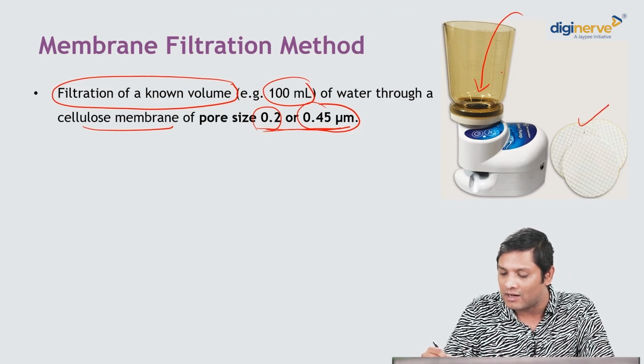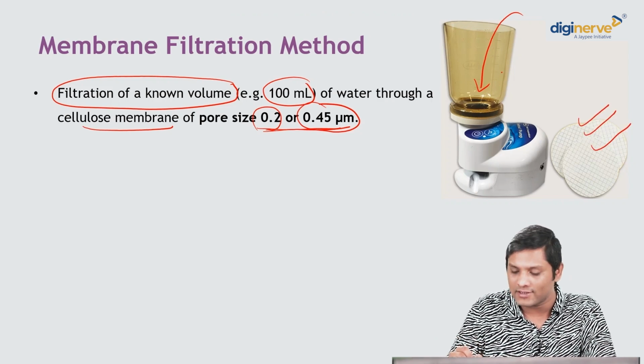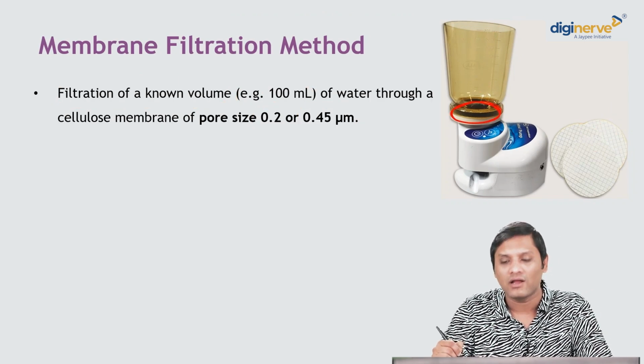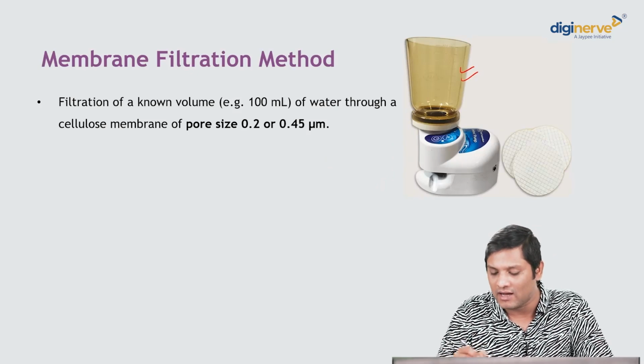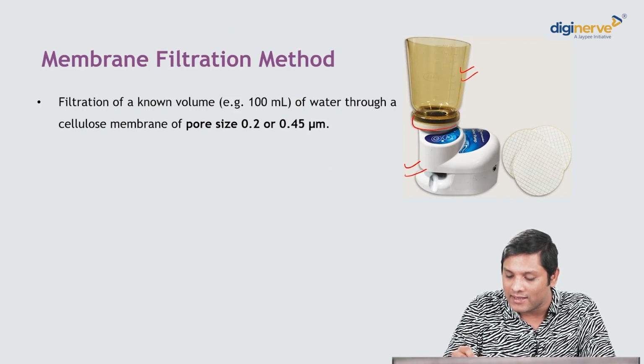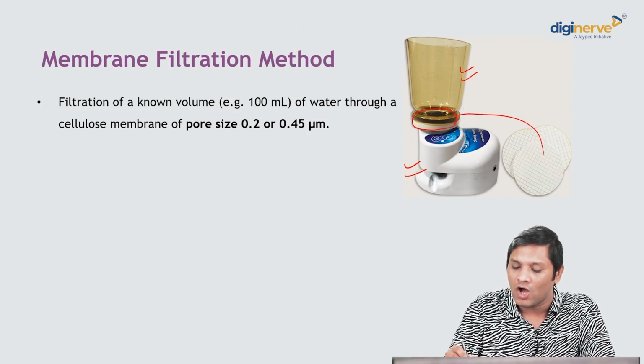So you can see that these are the cellulose filters. These filters are placed at the base of the jar. This is a membrane filtration apparatus. It has a water filling jar and a motor, and in between is the base where you have to place the filter.